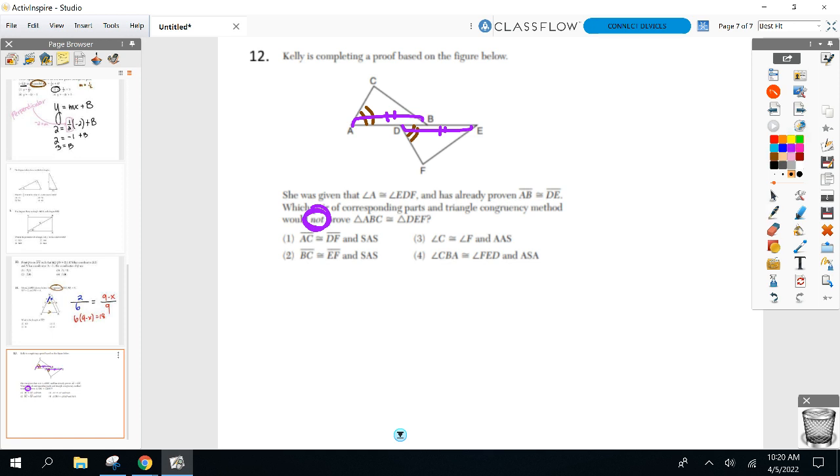Let's see, if I had AC congruent to DF, would that be side, angle, side? If I had those two, side, angle, side, angle in the middle, we're good there. I'm looking for which one's not. Let's try number 2. BC congruent to EF, side, angle, side. Why not? Angle's not in the middle, right? So there we go. Angle's not in the middle, unfortunately, so I can't choose that one.